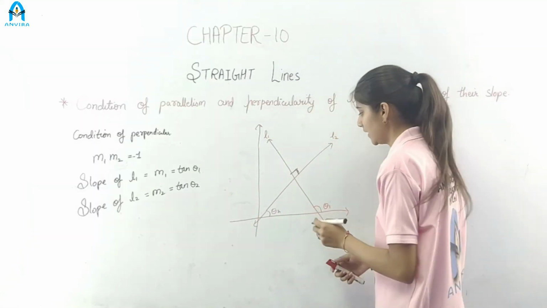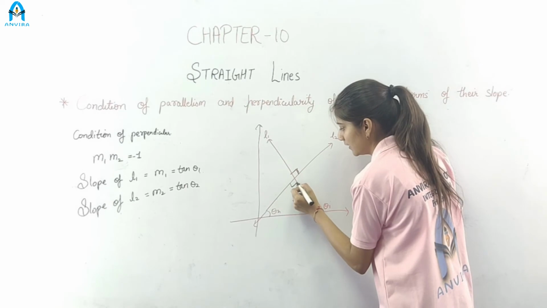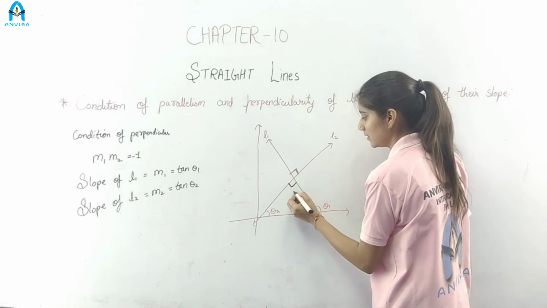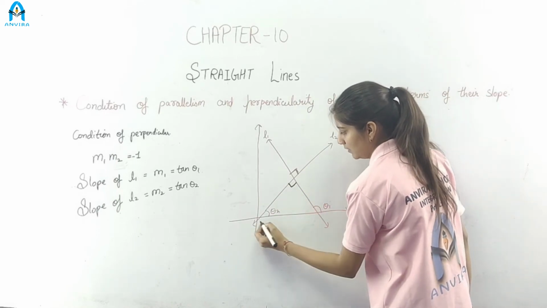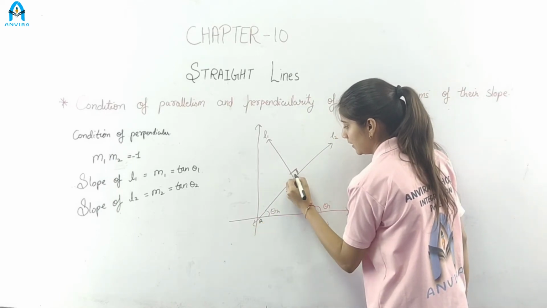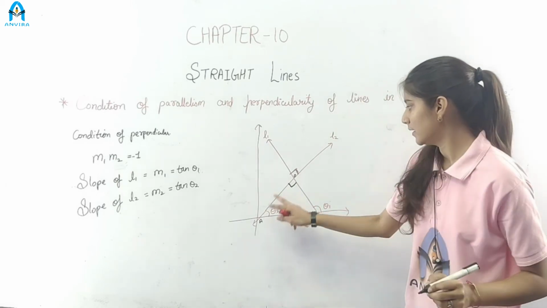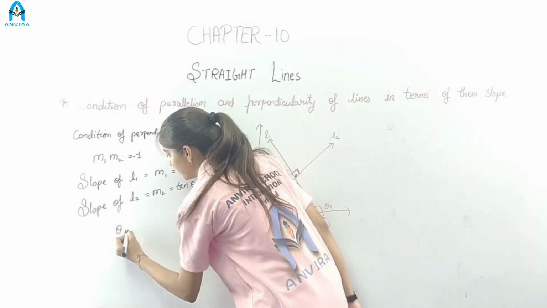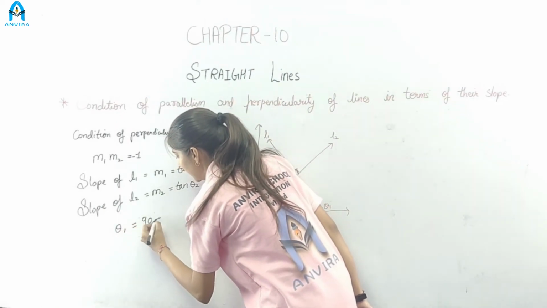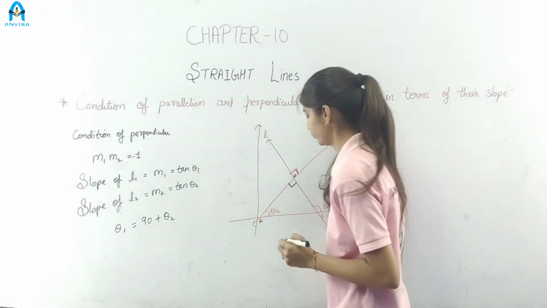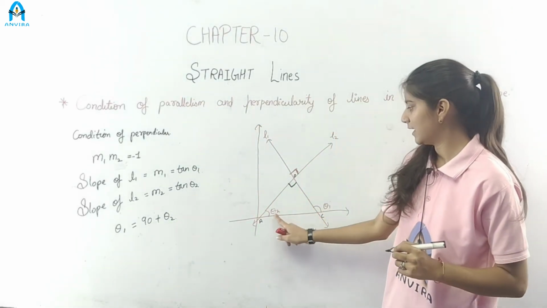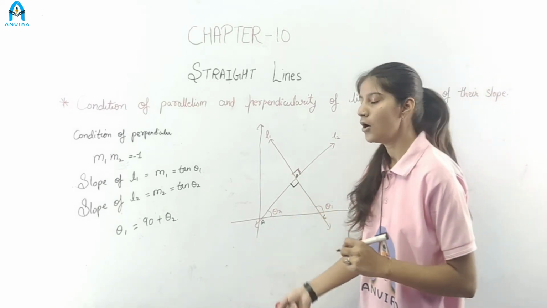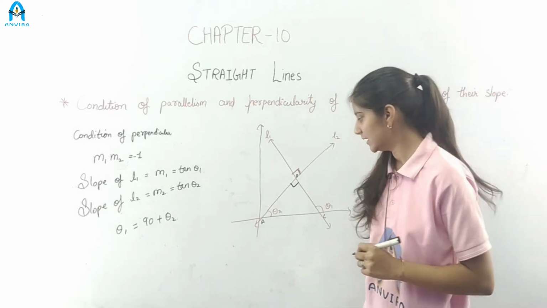So we know that this is our 90 degree, that is a right angle. Let it be triangle ABC. Then in triangle ABC we can find θ1 is given by 90 plus θ2. By the triangle property, the exterior angle is equal to the sum of the opposite interior angles.